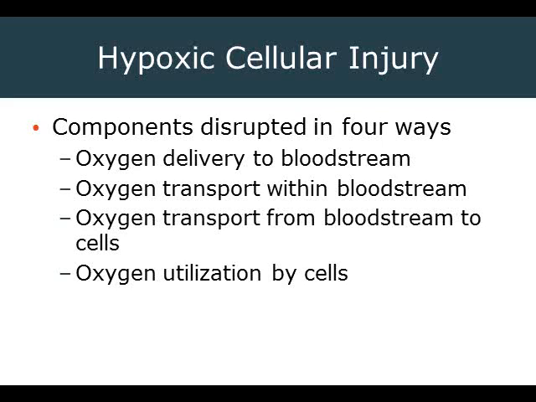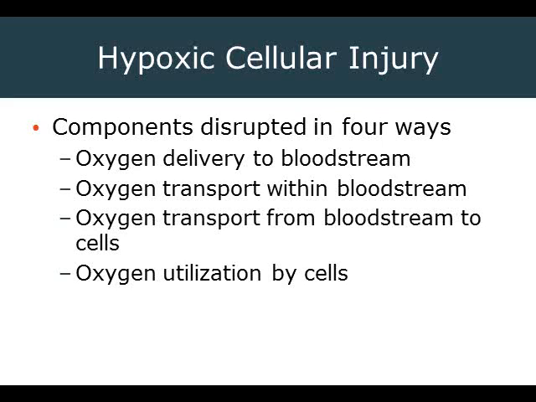So when we're looking at this, we are seeing that oxygen delivery to the bloodstream is really the respiratory system. Oxygen transport within the bloodstream is the vessels and the blood itself.